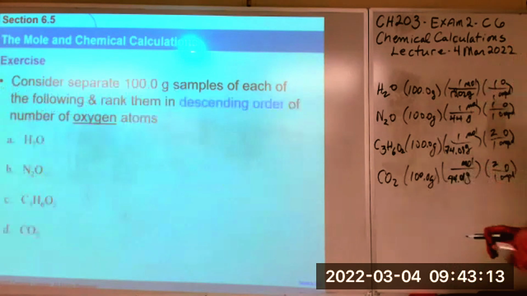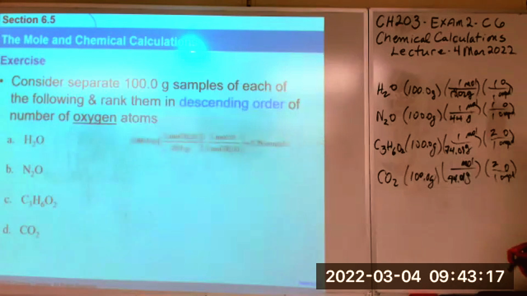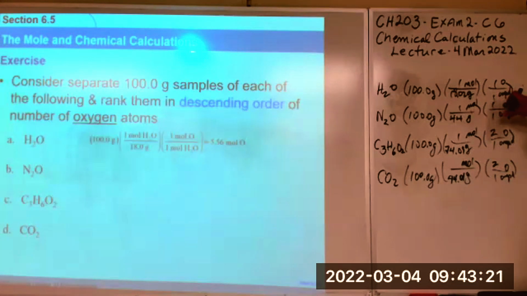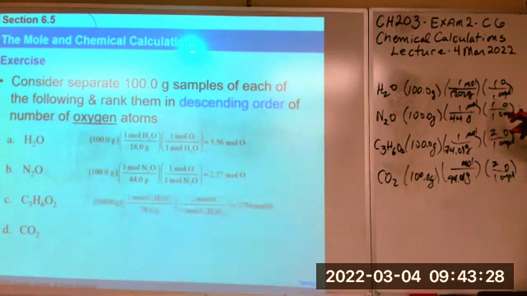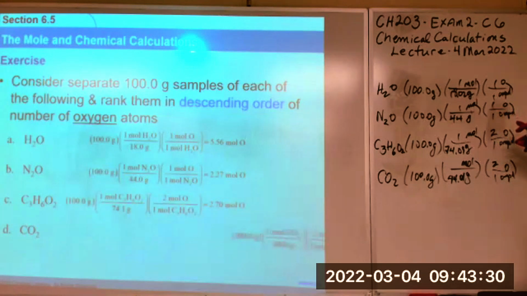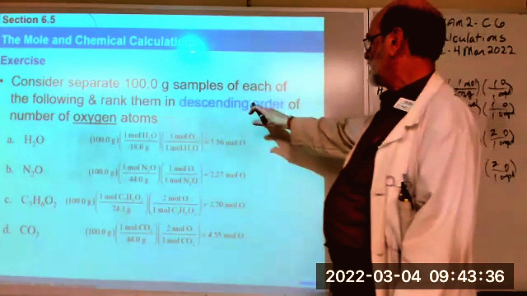Let's see. Can I do that? There we go. Okay, so this one's going to be 5.56 moles of oxygen, 2.27, 2.70, and 4.55. So we put them in order. This would be descending order.